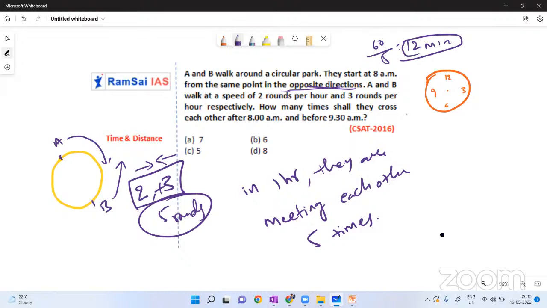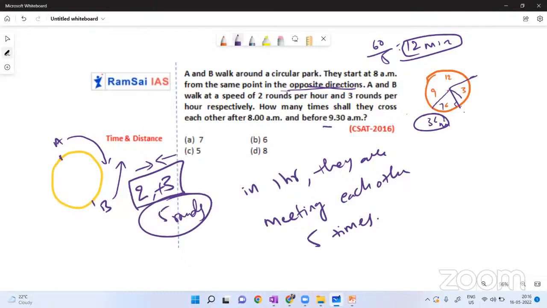It may not be exact, but this is our imagination. So in first 12 minutes, almost here they'll meet once. Next at 24 minutes, just before 5, they'll meet each other. After 7, at 36th minute, they'll meet each other.